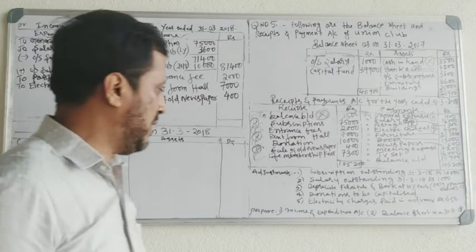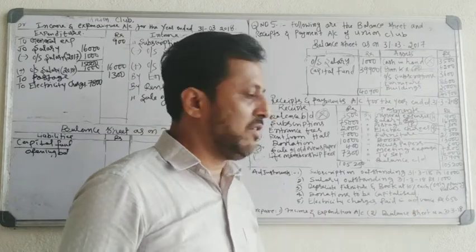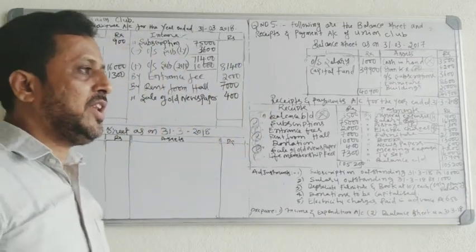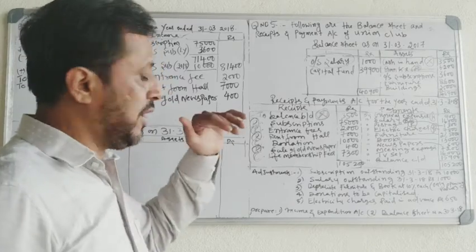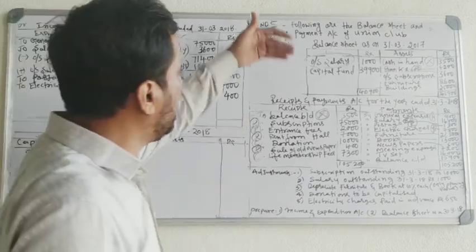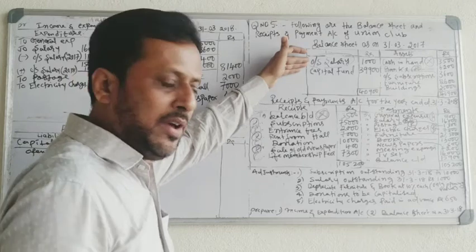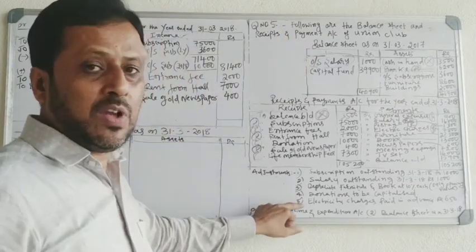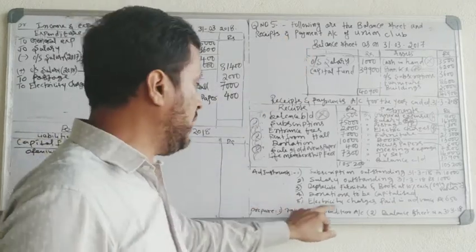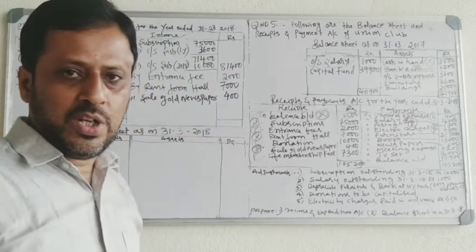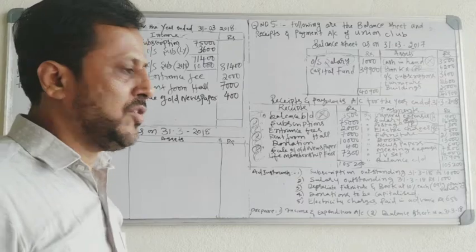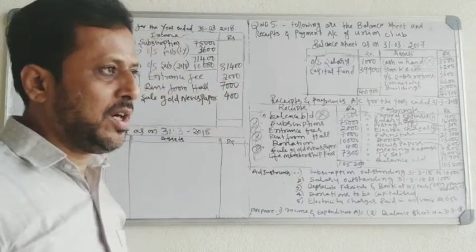There is an adjustment: electricity charges paid in advance. See, if there is any received in advance or paid in advance given in the balance sheet, you have to add. If the received in advance or paid in advance is given in the adjustment, then you have to minus.